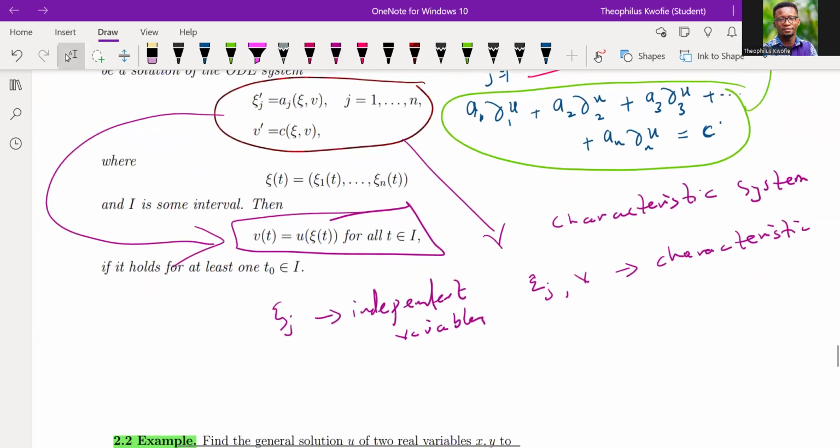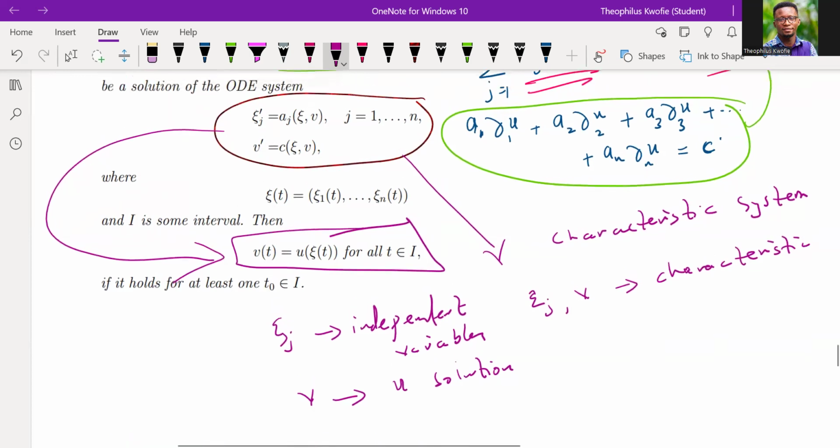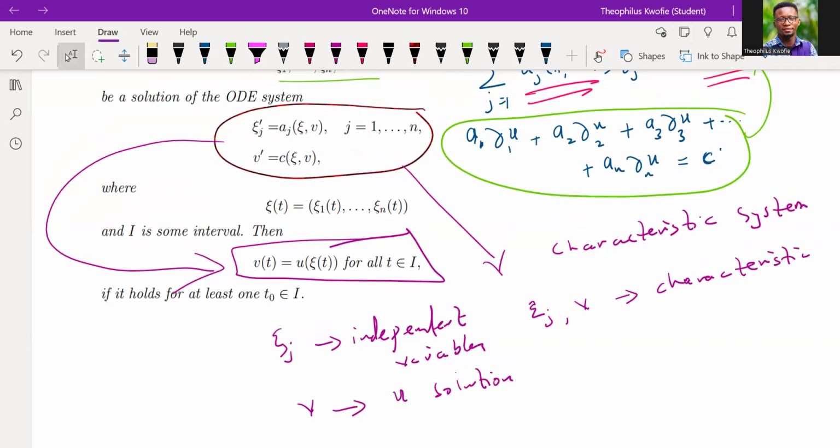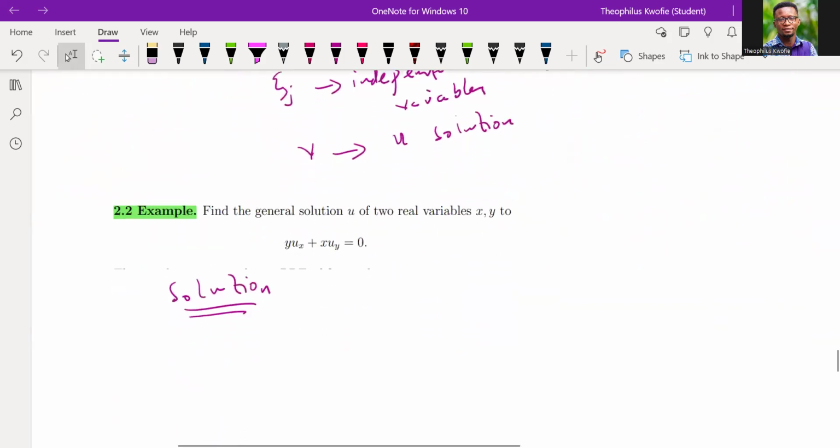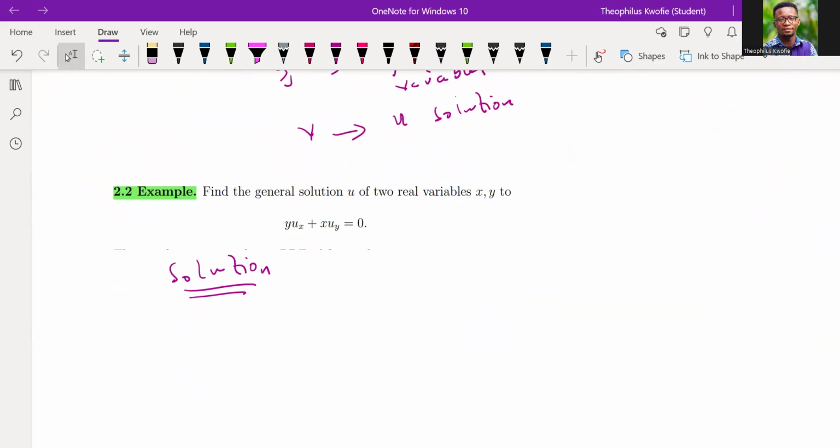And then the v corresponds to the u solution. The v corresponds to the u solution, and the xi j's correspond to the independent variables. So please take note, so that once I begin to talk about them, you will really understand them. All right, on that note, let's jump into the whole thing.